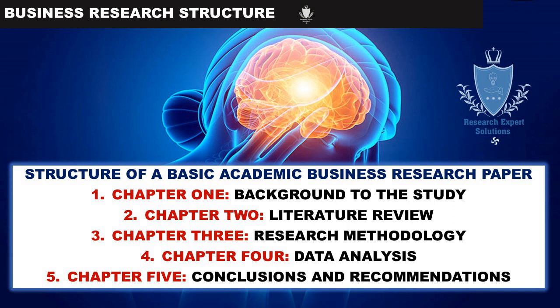So that's the whole purpose of reviewing the empirical literature, because it is through the empirical literature review that we're able to identify where the gap in literature actually is.